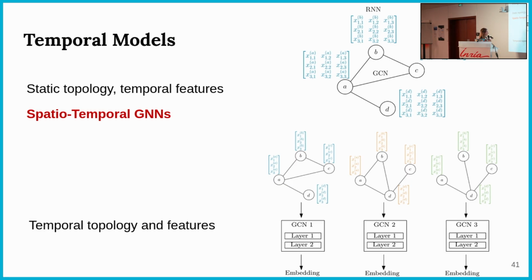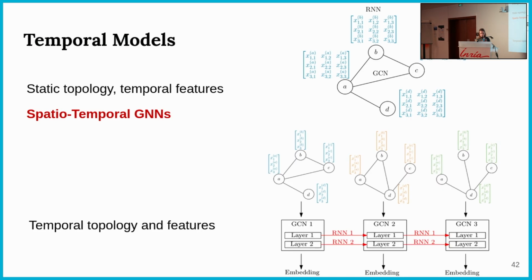And for the second case, the simplest model is to apply a graph neural network to each of the snapshots of the graph, obtain an embedding for each time step, and then combine all together. Or a more complicated architecture such as the EvolveGCN.